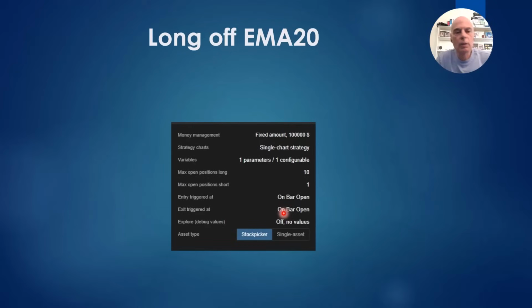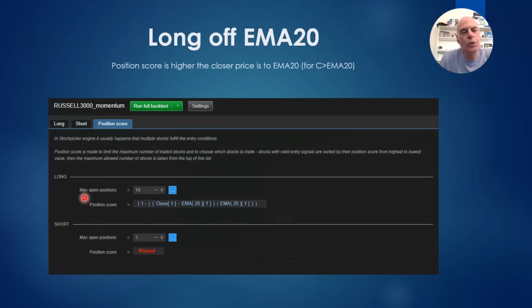Now, we take a maximum number of positions to be equal to 10, and our ranking function gets larger the closer yesterday's close is to the EMA. So basically, we want to be as close to the rising EMA as possible on a closing basis. So if multiple stocks satisfy the previous conditions, we select the ones that are the closest to the EMA 20.